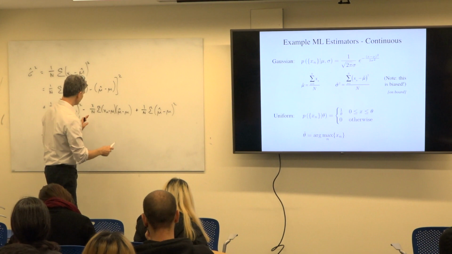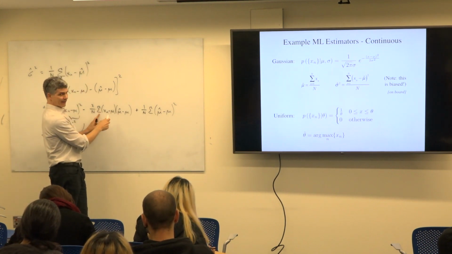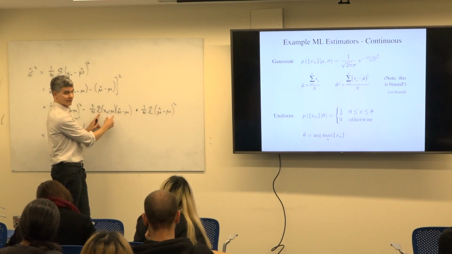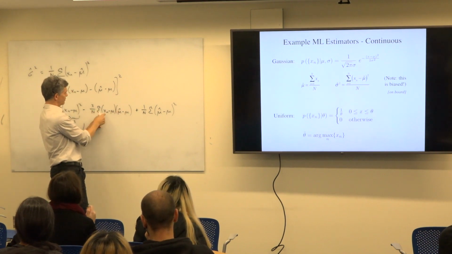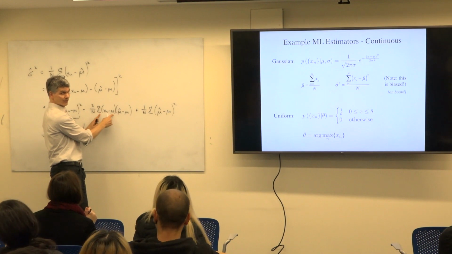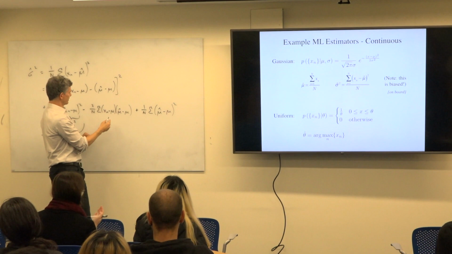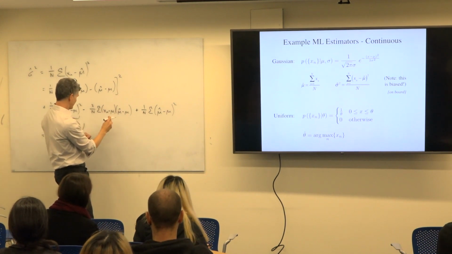Next term. Well, this is a sum. The sum is over the little n, right? So this thing is just a constant as far as this sum is concerned. So I can pull this out and say this is just a sum over the little n's minus mu.